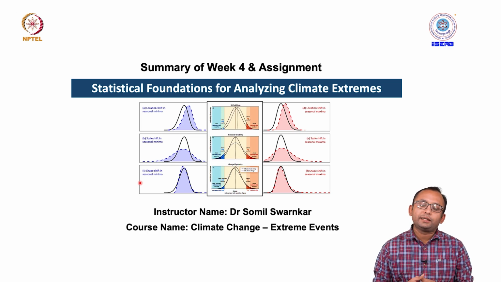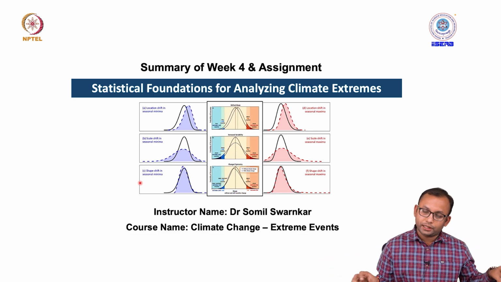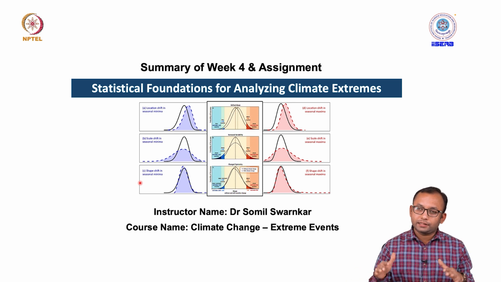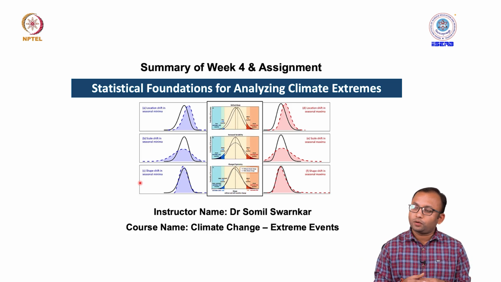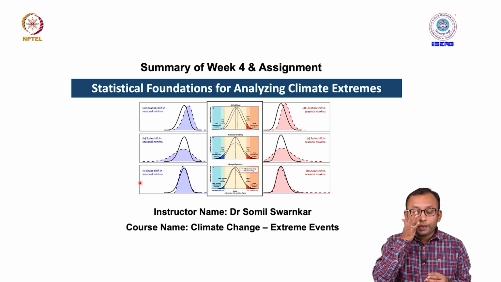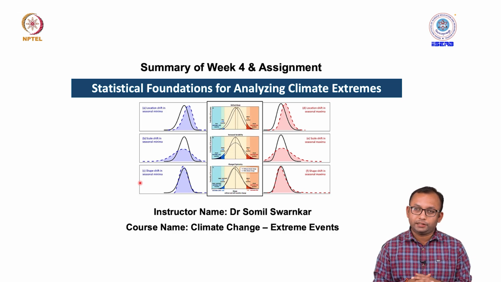Or whether your climate system has increased its variability, which means your extreme events in the positive direction or in the low magnitude direction have increased their probabilities. Or the overall data has shifted towards one direction, skewness, skewed towards the positive side or the negative side, which means you have different types of extreme events, regular events, normal events, whose probability has shifted or changed.